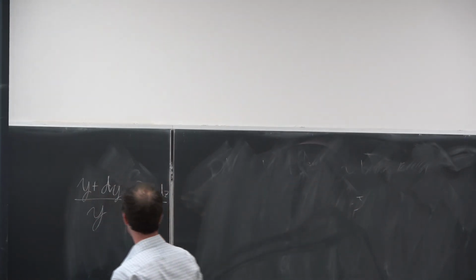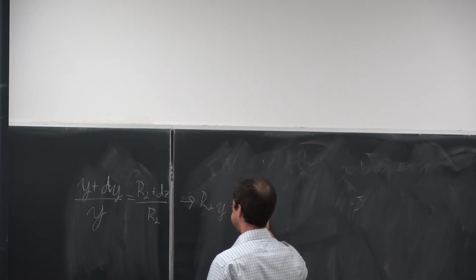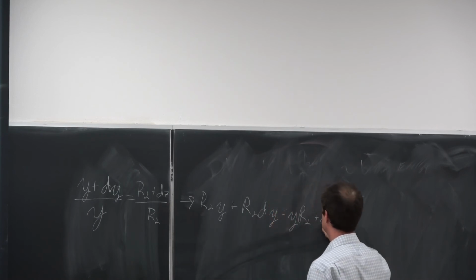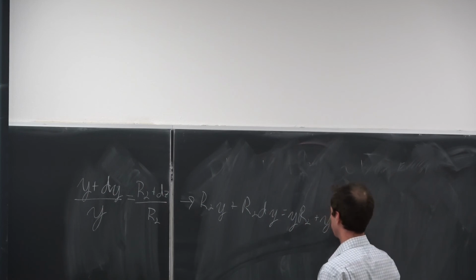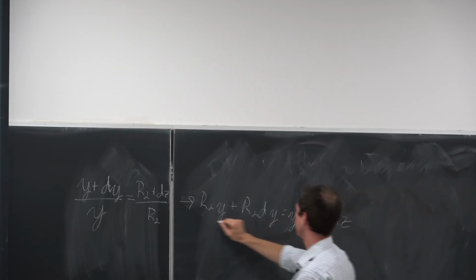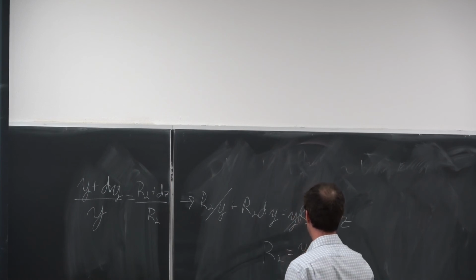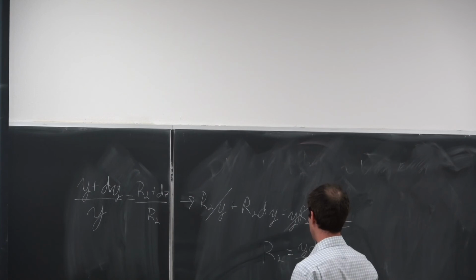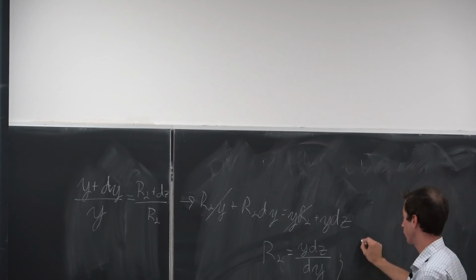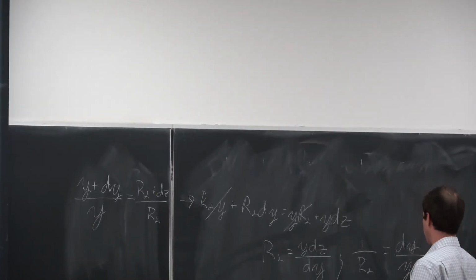Okay, so then if we redefine this, this will cancel, and 1 over R2 is dy over y dz.